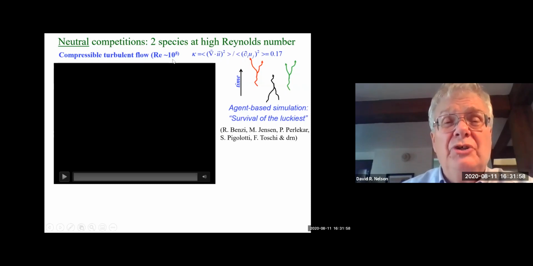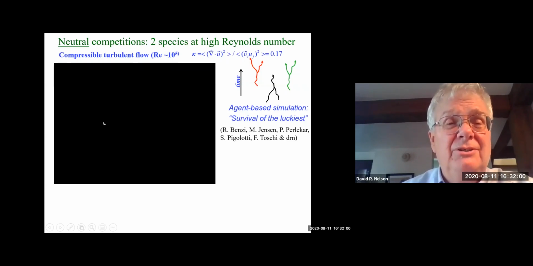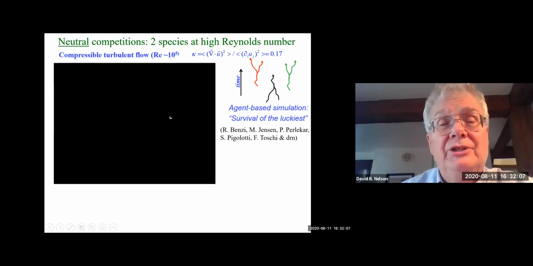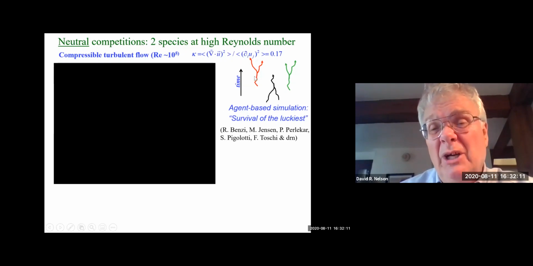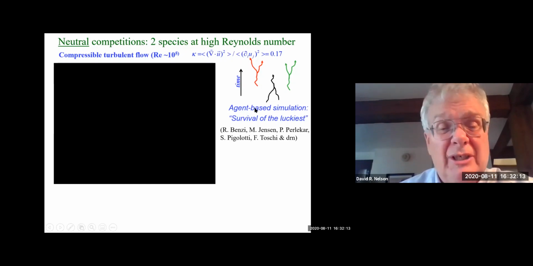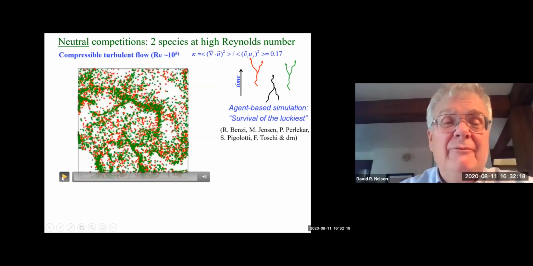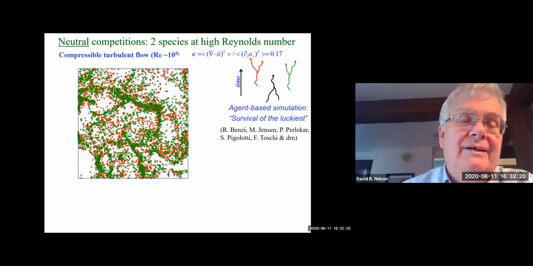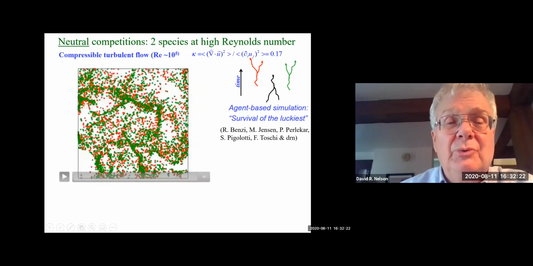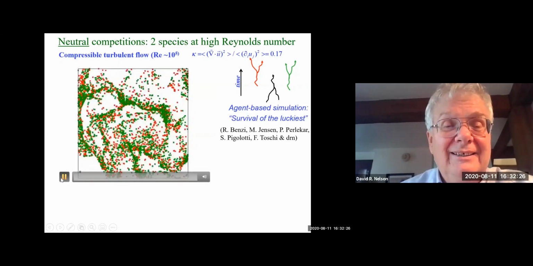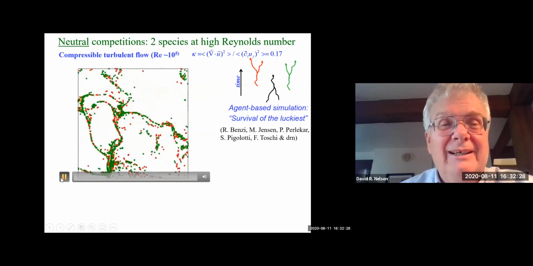This is where the number fluctuations that I mentioned come in. If I have a compressible turbulent flow, and this is again the same kind of flow that I showed several slides back, I can have organisms which are advected and reproducing in this flow. And so we have green squares and red squares. And if you look carefully at these things, they are actually dividing and competing.